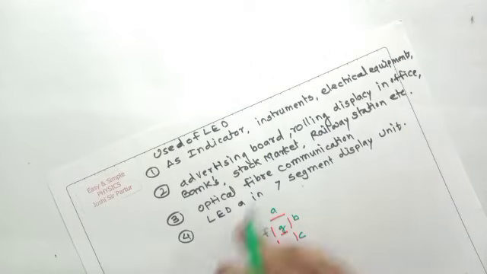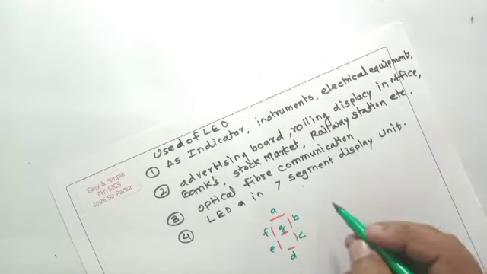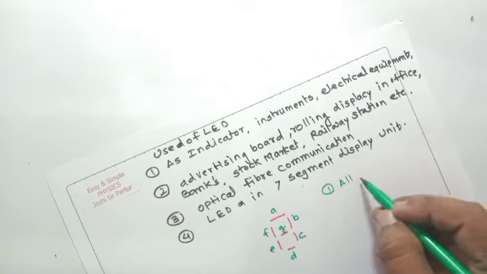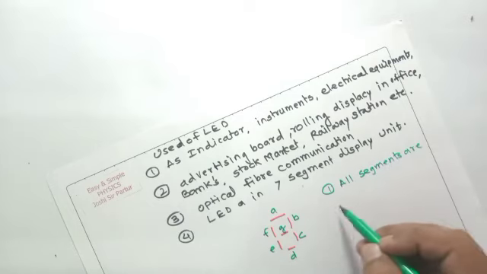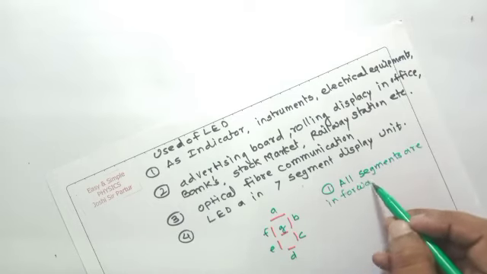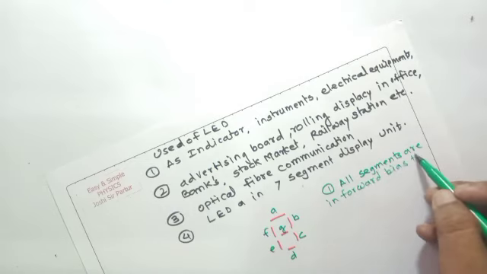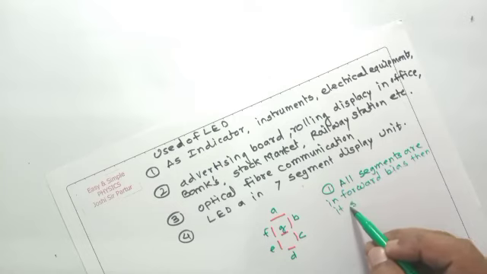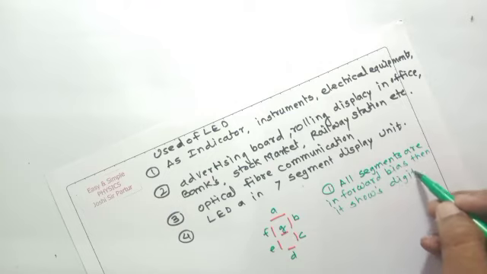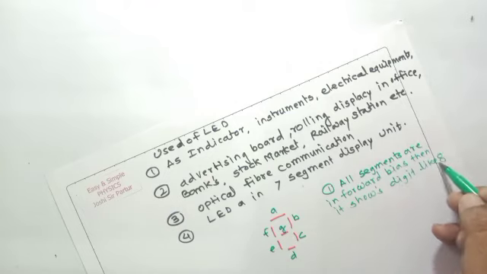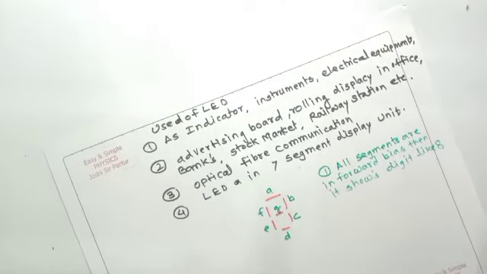When all the segments are in forward bias, it displays a digit like 8, because all current will flow and all segments operate in forward bias.